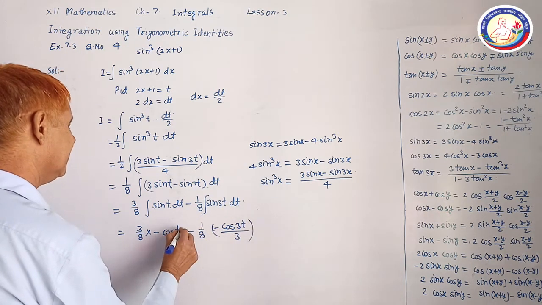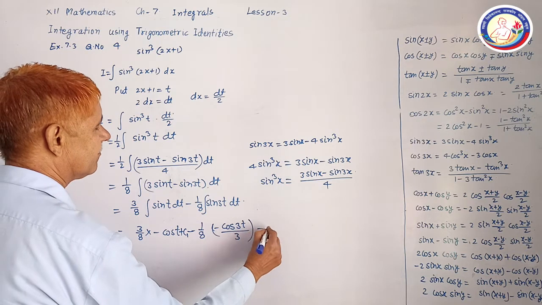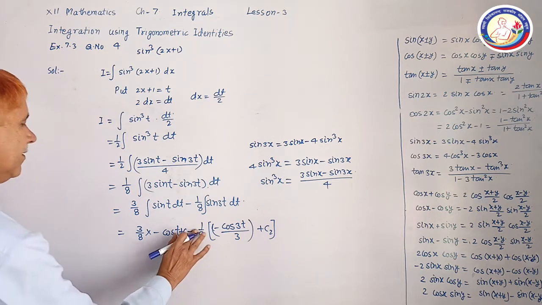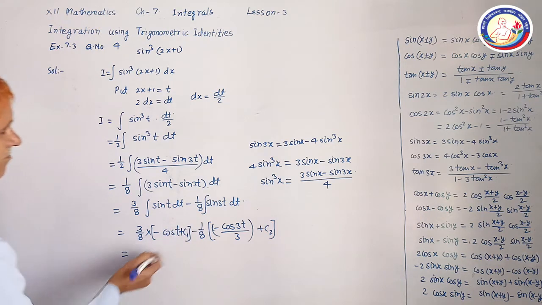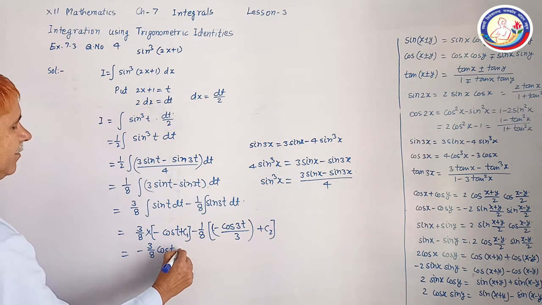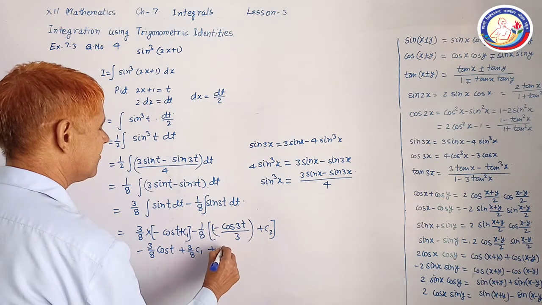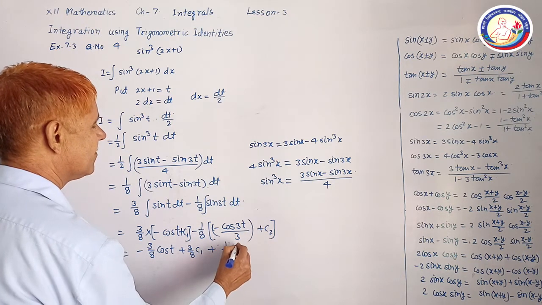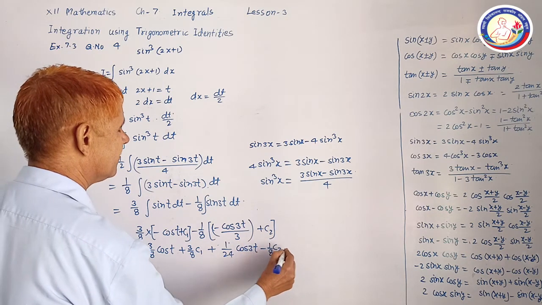Now simplify. Here is the constant of integration c1 and again here the constant of integration c2. I can write it in a simple way. This will be minus 3 by 8 cos t plus 3 by 8 c1, minus and minus is plus, 1 by 8 into 3, that is 1 by 24 cos 3t, minus 1 by 8 c2.